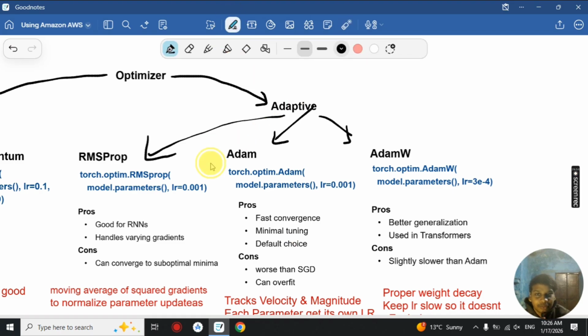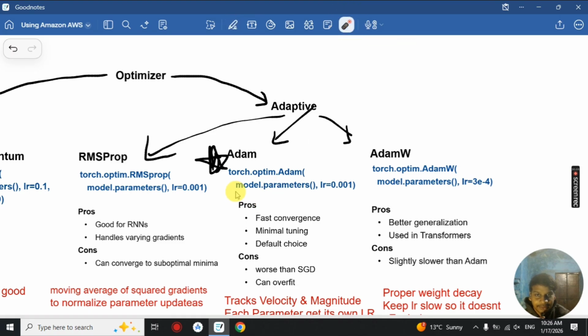Now we have Adam, okay. This one is the most widely used and recommended, okay. The Adam function is defined in the same way, just that you pass Adam the model parameters and the learning rate. Okay, here it has faster convergence.